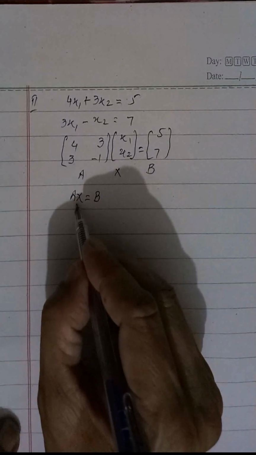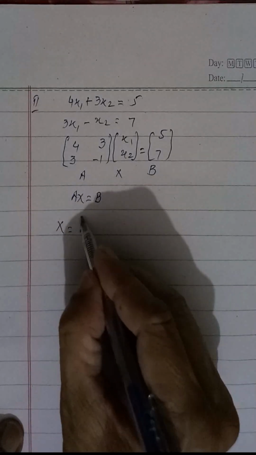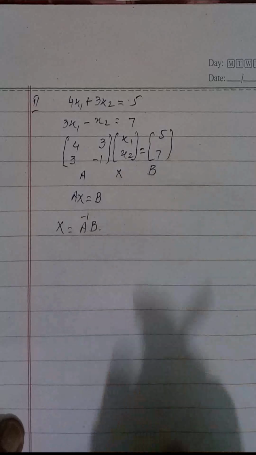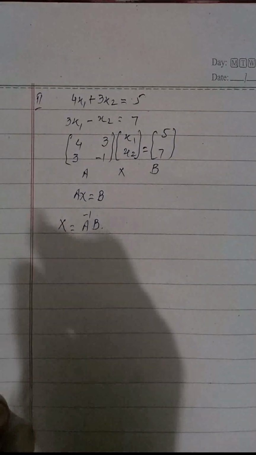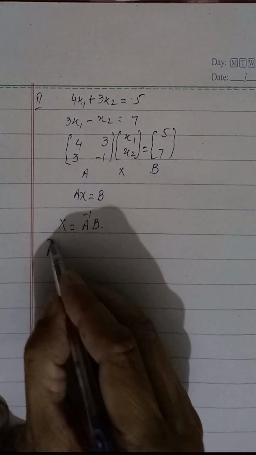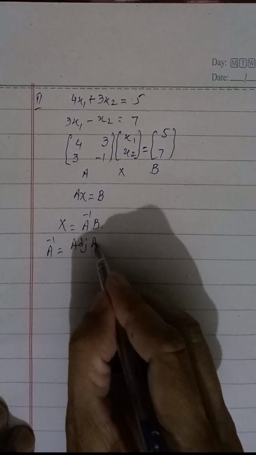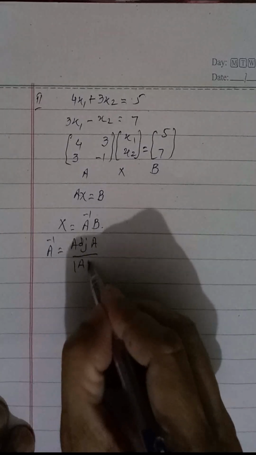Now we find the value of X. We have X is equal to A inverse B. In this question, we first solve A inverse, and A inverse is equal to adjoint A over A determinant.